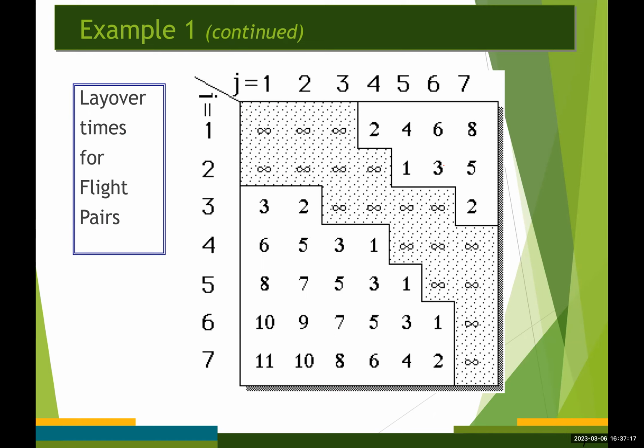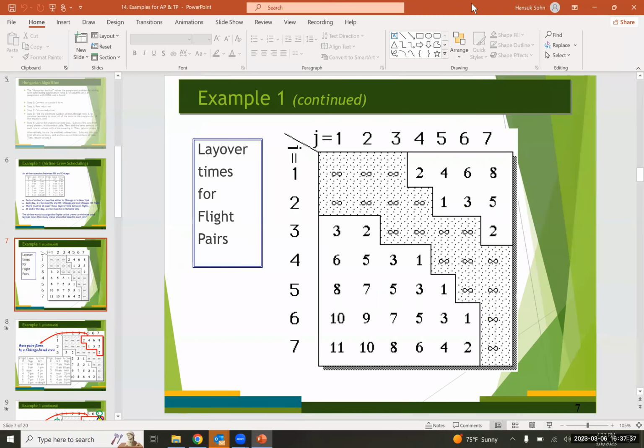So using this table, let's use the Hungarian algorithm to get the optimal assignment plan. Let me open up the Excel spreadsheet so I can work it out.